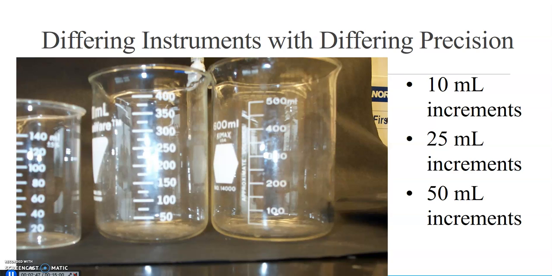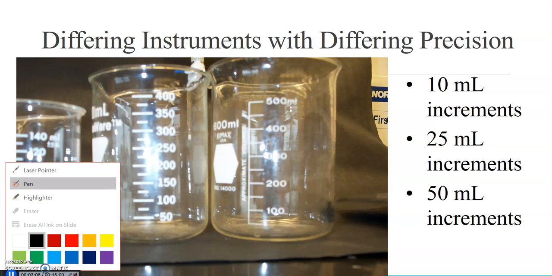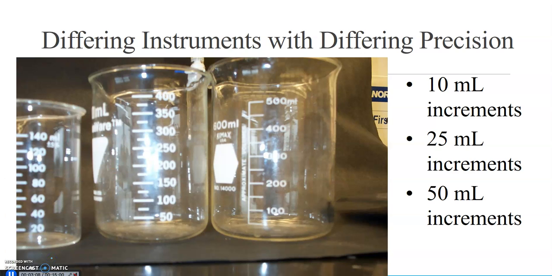The precision of your measurement will actually depend on the instrument that you're using. For example, we have beakers marked in increments of 10 milliliters, 25, and 50 milliliters. Depending on the increments, the precision changes.